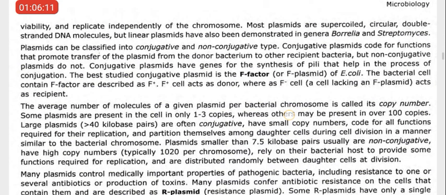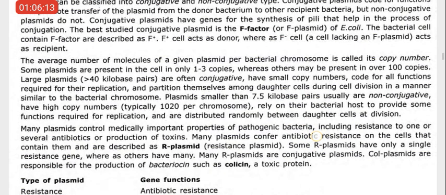The average number of molecules of a given plasmid per bacterial chromosome is called its copy number.